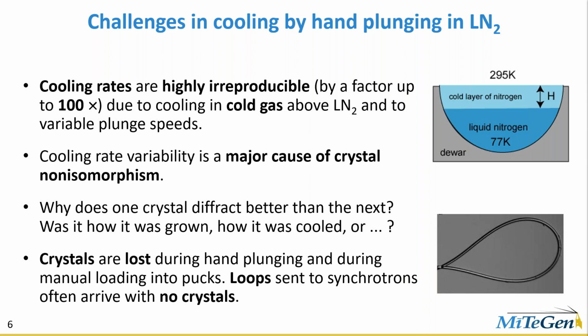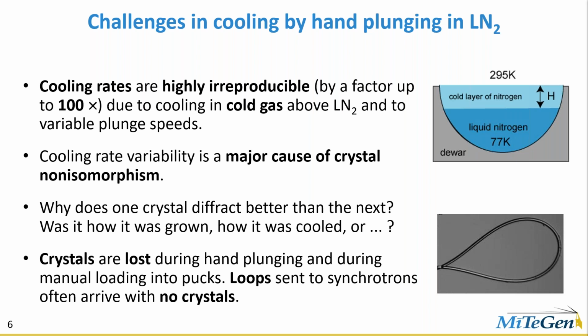And since the thickness of that layer depends on how full the dewar is, whether the air conditioning's on, whether someone's walked by your crystal mounting station, there's a lot of variability in how much cooling occurs in that gas layer. And then there's also variability because of variability in the speed with which you manually plunge the samples through the gas layer and into the liquid nitrogen.